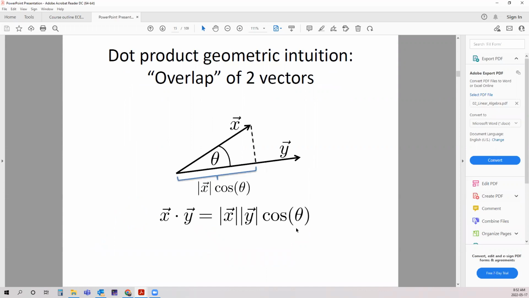For example, the dot product has a geometric intuition, the overlap of two vectors. It is the length of vector x times the length of vector y times the cosine of theta, the angle between x and y.